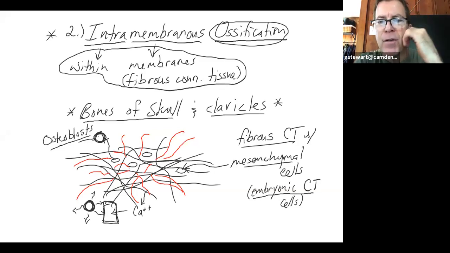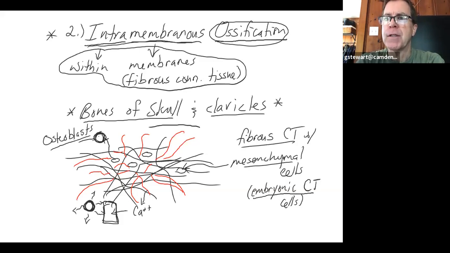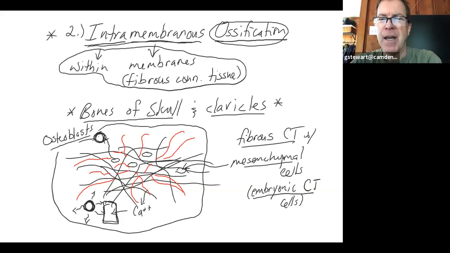The biggest difference, guys, is what we start with, the blank canvas. With endochondral ossification that we went over first, we start with a hyaline cartilage miniature bone model. With intramembranous ossification, we start with just dense fibrous connective tissue. That's the biggest difference. The process of ossification is basically the same.